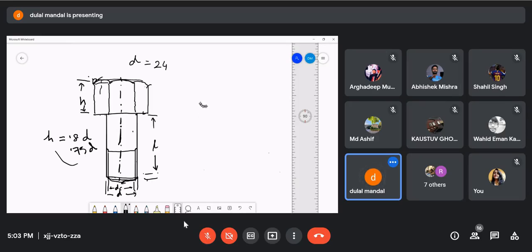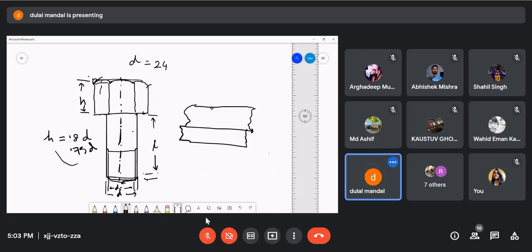Now, suppose attachment. This is a component. This is another component. These two components would be attached together.